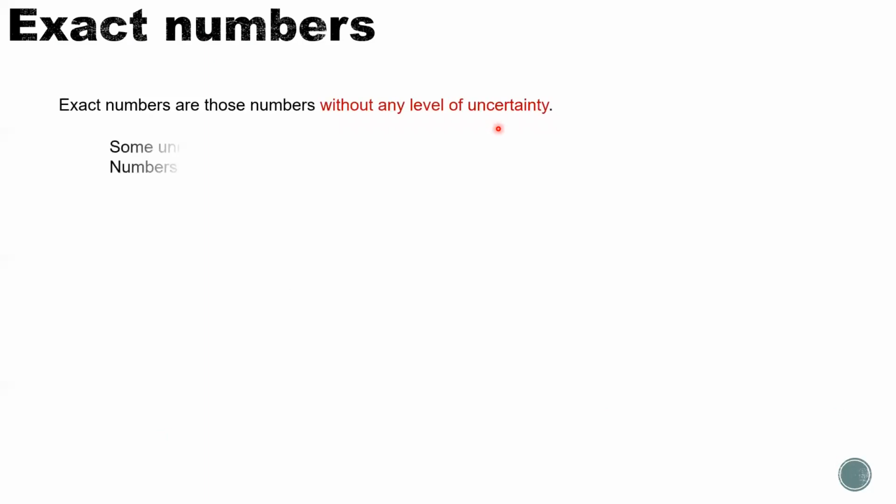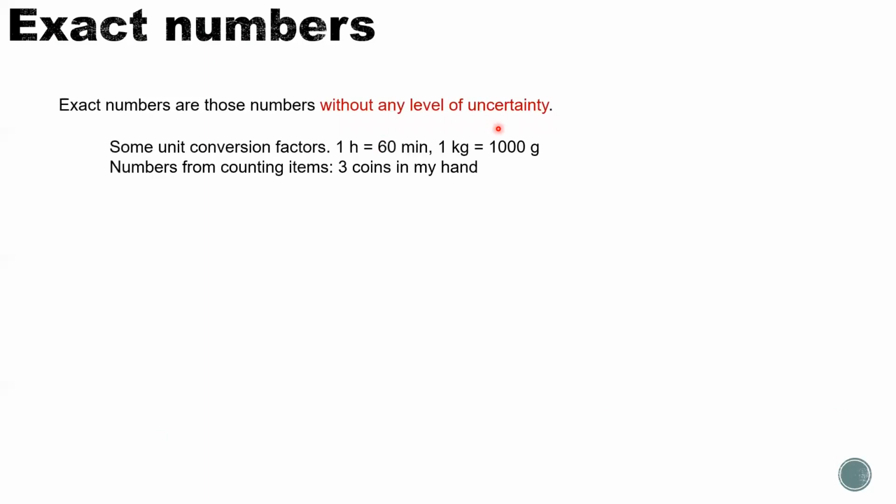Not all of the numbers have uncertainty with them. There are some numbers called exact numbers that do not have any level of uncertainty. For example, we have some unit conversion factors, say there are 60 minutes in 1 hour, there are 1,000 grams in a kilogram.